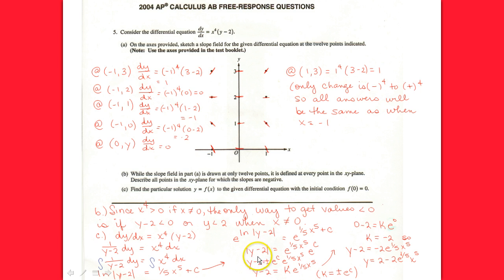To get rid of that absolute value, remember that when you have an absolute value equality, you get rid of the absolute value bars by putting a plus or minus on the other side. Then I could do a little bit of simplification by putting in that ordered pair (0, 0) and solving, and I'll be able to come up with a value for k that I could back substitute. Add 2 to both sides, and then I've got an equation for y. So again, that's not something that we know how to do yet, but something we get an idea of.